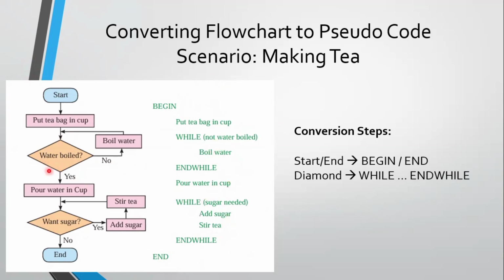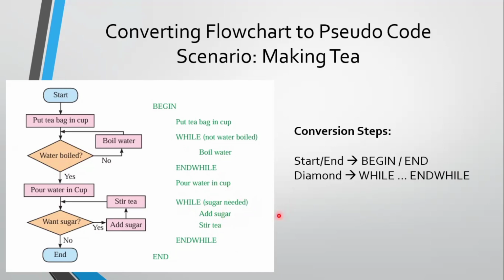And here, look at this diamond shape, the decision box. Instead of that, we use in pseudocode this while loop to repeat an action for the repetition. It is a loop.